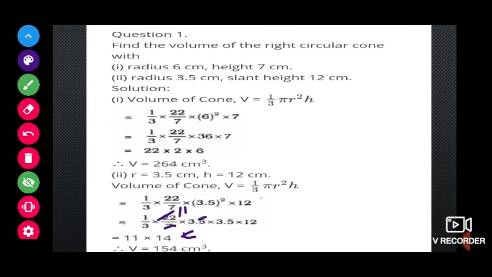Then 3 fours are 12, 3 ones are 3. What remains is 11 into 3.5 into 4. If we multiply, we will get 154 centimeter cube.